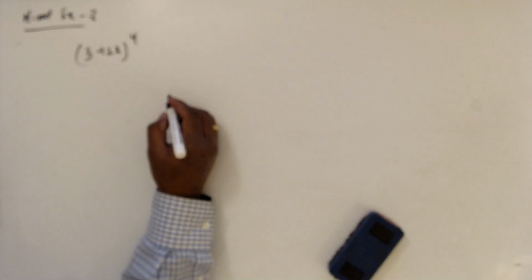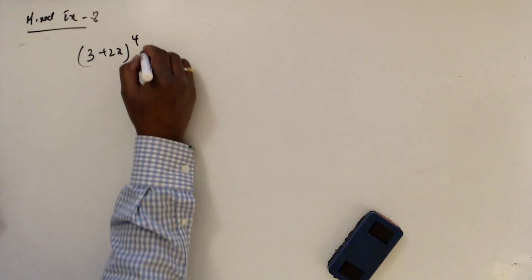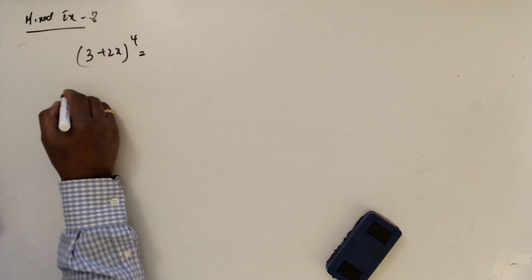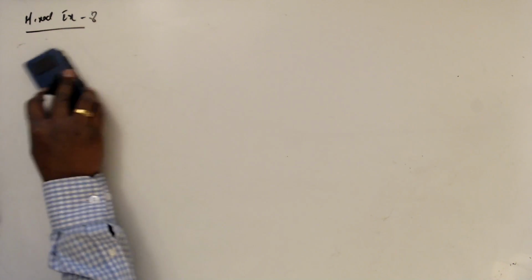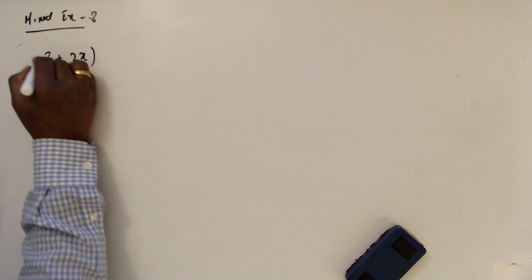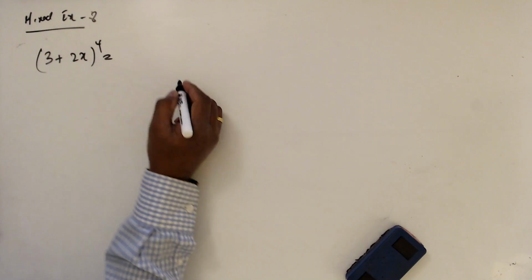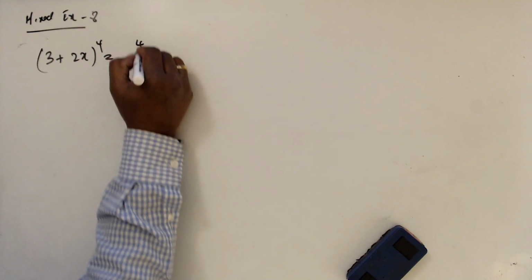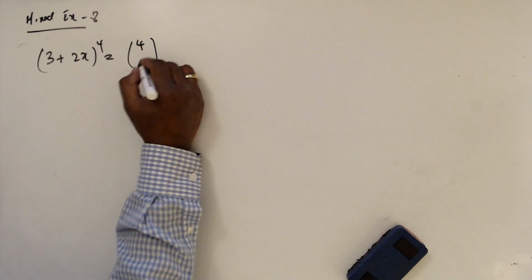Next, 3 plus 2x to the power 4. So this is going to be: 4, 0, 4 minus 0.